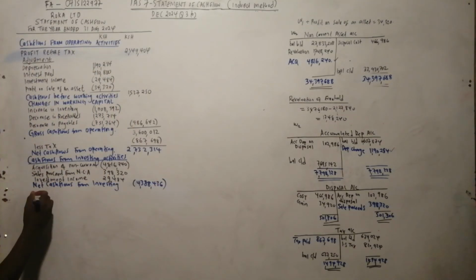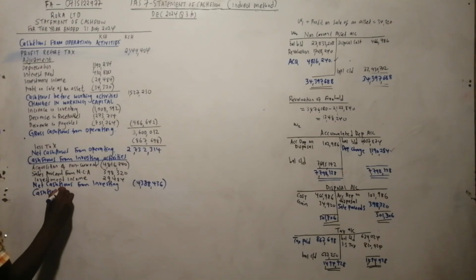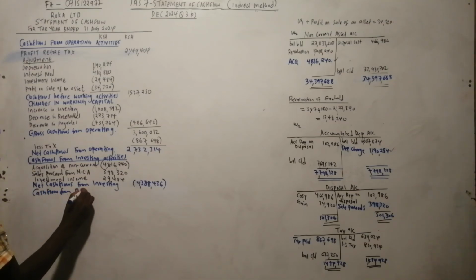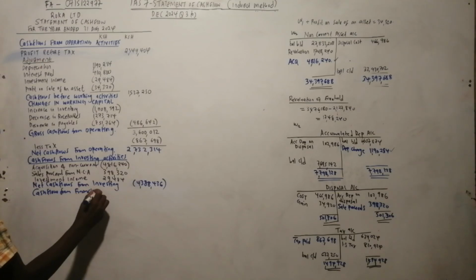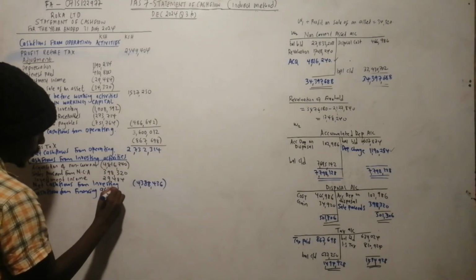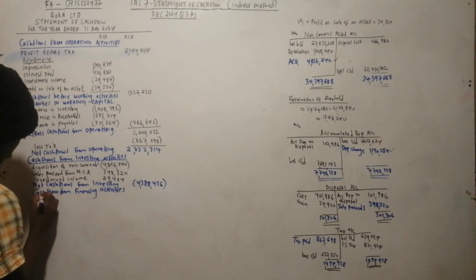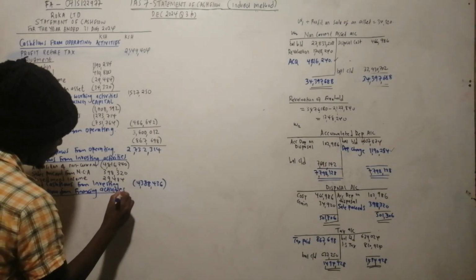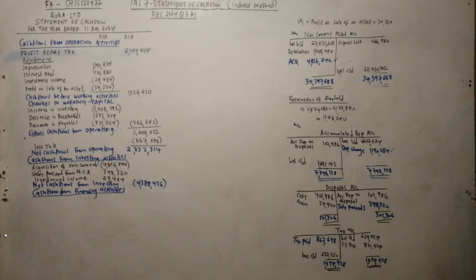Okay, now we can go to cash flow from financing activities. We shall start with, tunaanza na issue of shares. So tunaenda tuangalia share capital. Now share capital, we have an increase from 7.8 million up to 10.9 million.